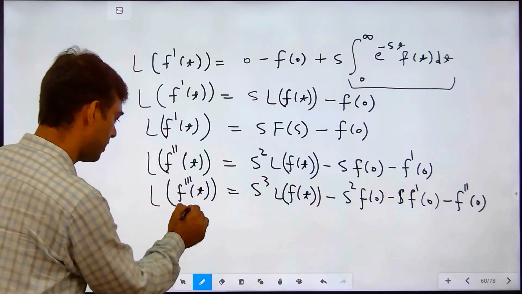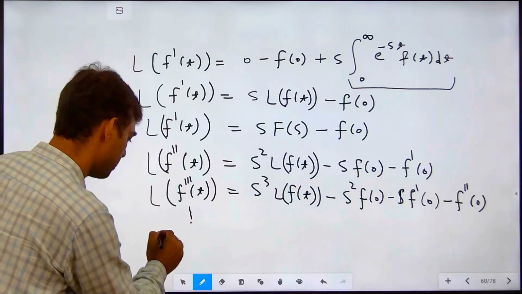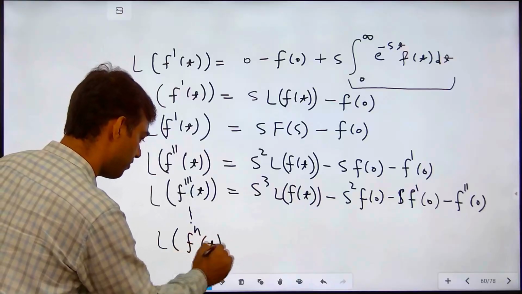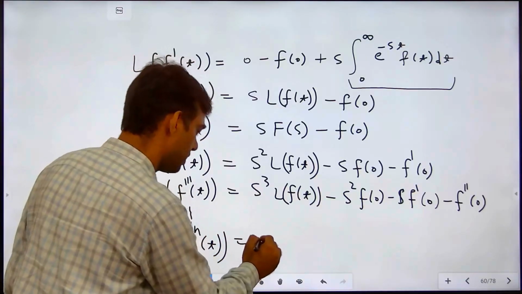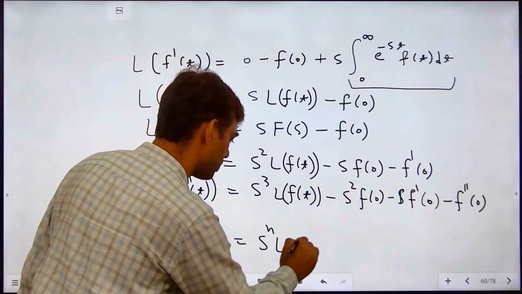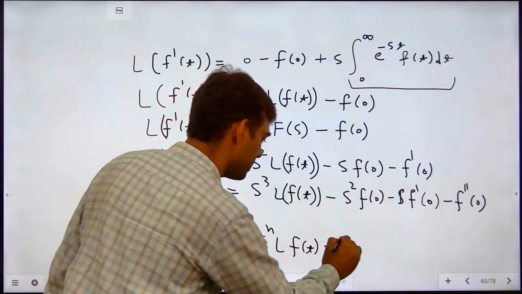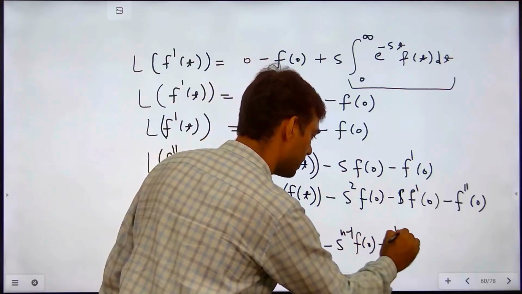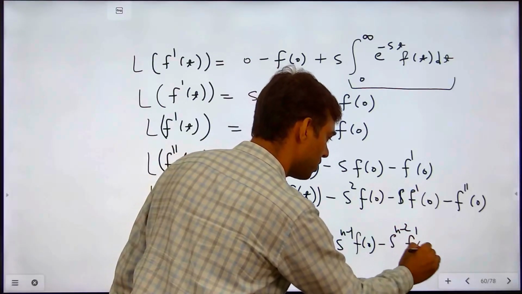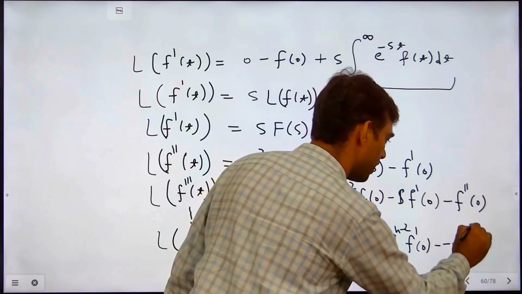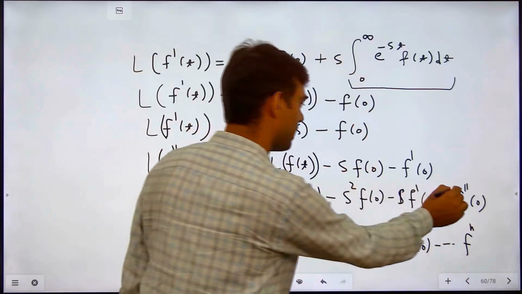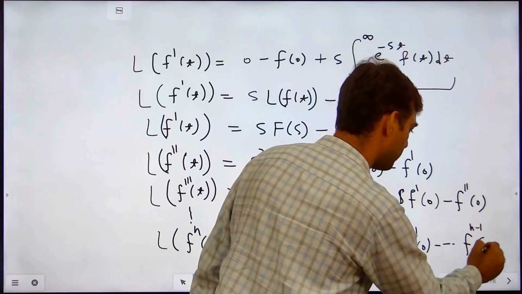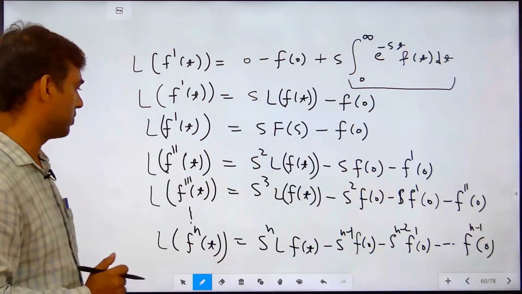In a similar manner, if we generalize this concept, the Laplace transform of the nth derivative of f(t), f^n(t), equals s to the power n times the Laplace transform of f(t) minus s^(n-1) f(0) minus s^(n-2) f'(0), and so on, down to f^(n-1)(0).